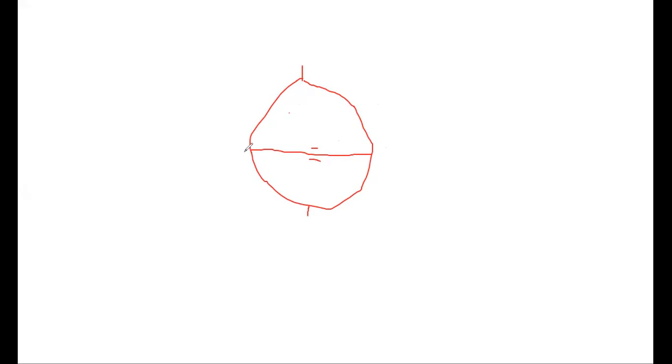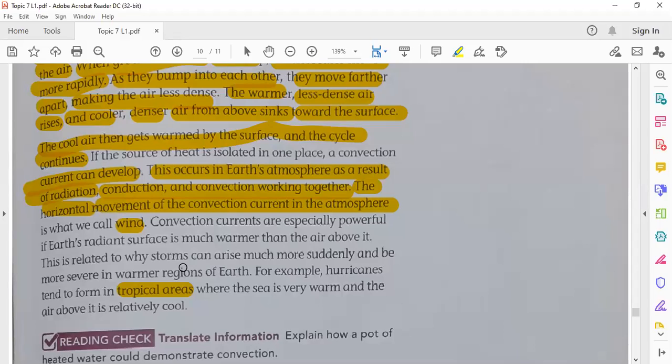At the center of the Earth, in the equator, these areas are called the tropical areas. They are always warmer all over the year. And hurricanes tend to form in these areas where the sea is very warm and the air above it is relatively cold, because of the difference between the temperatures.